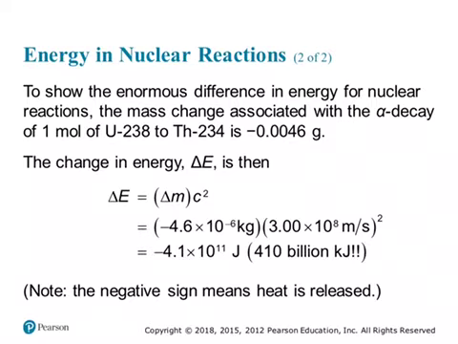You've got your difference in mass times the speed of light squared, which is negative 4.1 times 10 to the 11 joules, or 410 billion kilojoules. Remember, negative means just that heat is released. So that is a lot of energy.